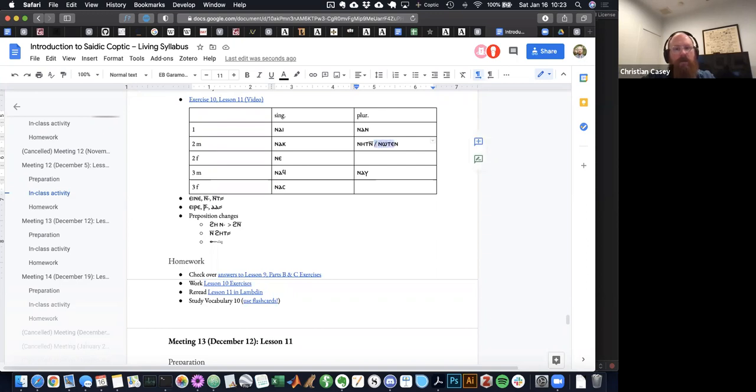Why do you get eta in Saidic? Great question. Whoever figures out what in the world is happening with eta in Coptic is kind of a minor hero in Egyptology, because really nobody knows.